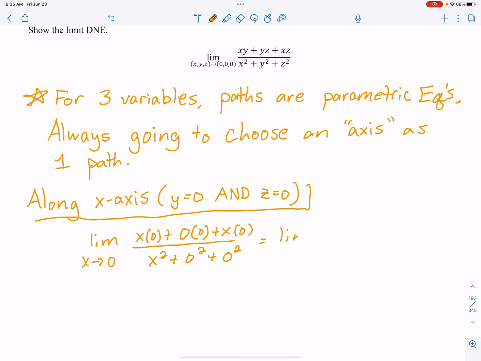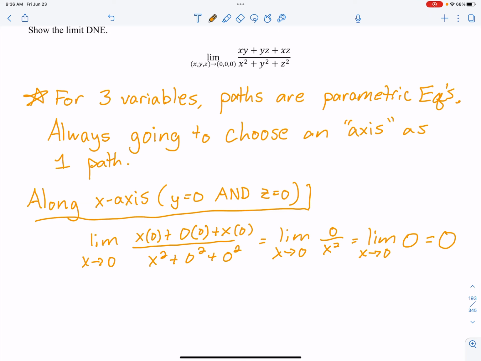We're going to get the limit as x approaches 0 of 0 over x squared. Well, using my actual limit formal rules, I got to change that to a 0. Now I can say it's a 0. Okay, so the first path goes to a 0.